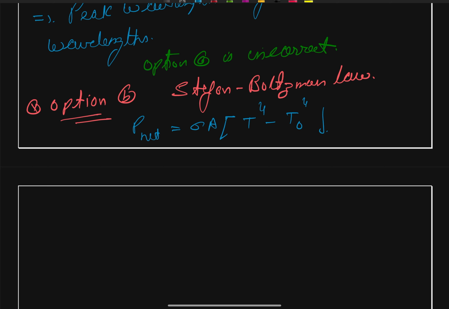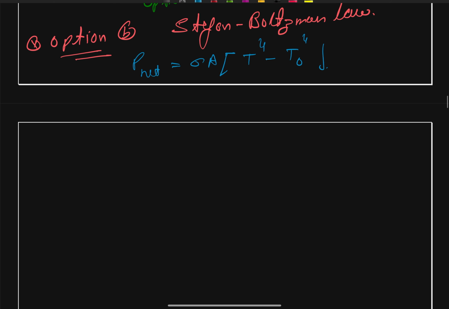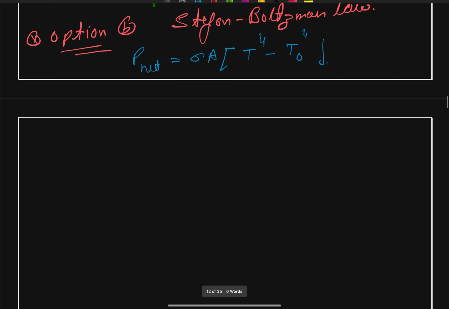We already know sigma and A, everything is given. Therefore, P net will be equal to sigma, with area given as 1, times 310 raised to power 4 minus 300 raised to power 4.